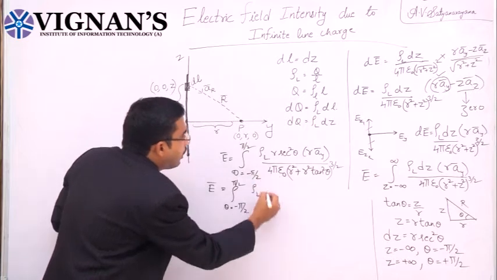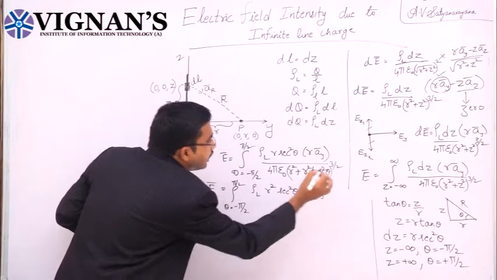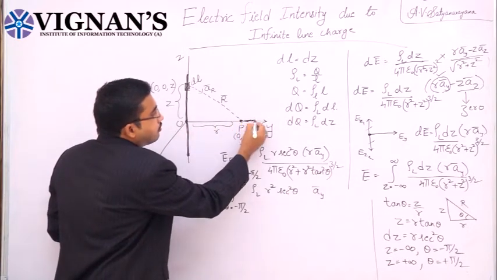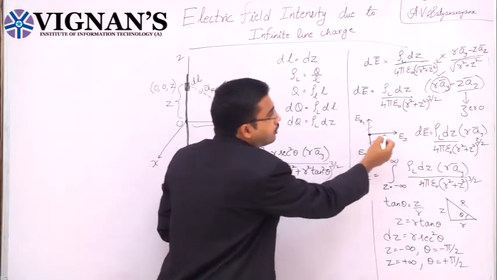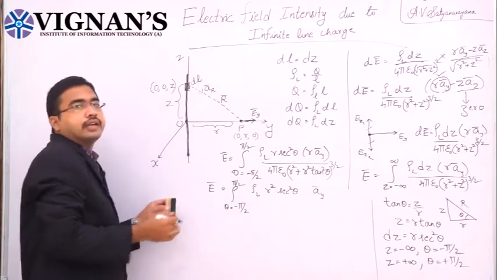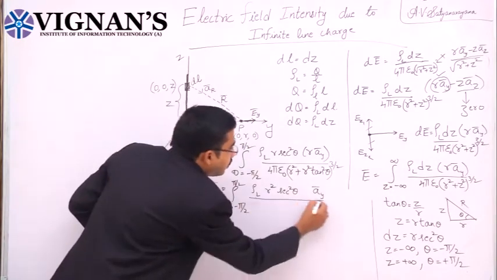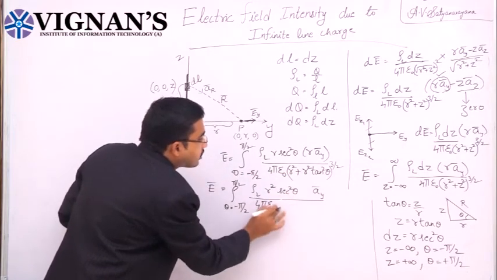Rho L r square secant square theta, unit vector is a_y bar, because your actual E is acting in the y direction now, because the z components will be cancelled and only in the y direction your Ey is acting, if I am selecting a point on the y axis. Now 4 pi epsilon naught into, can I take r square as common?